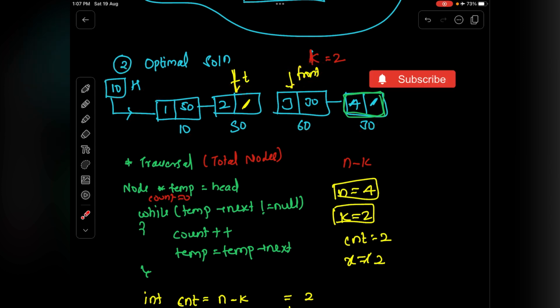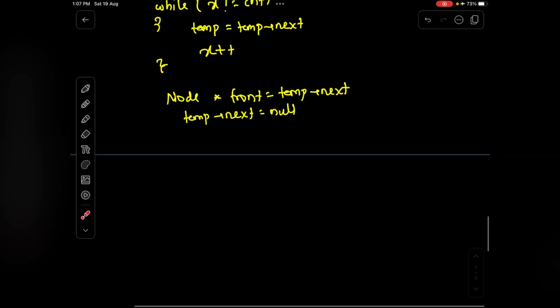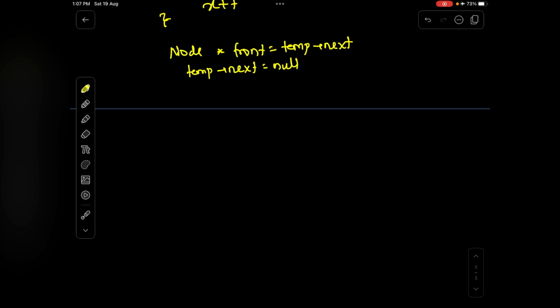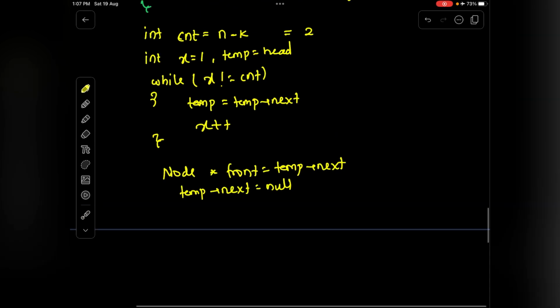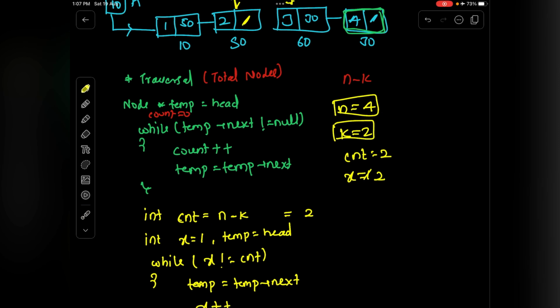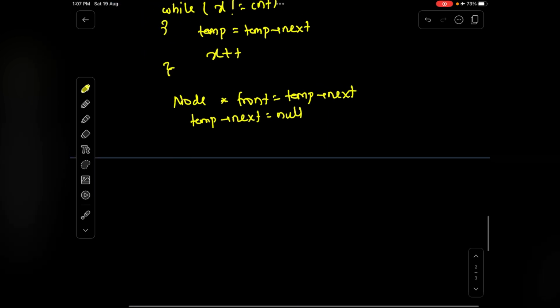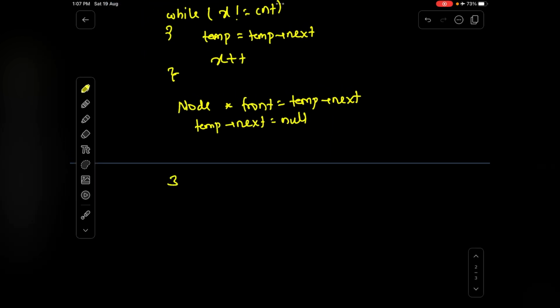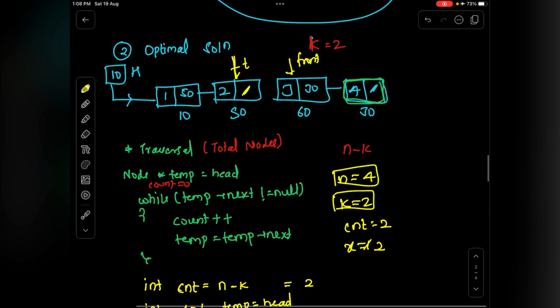Now what I need to do is bring these two at front, because what is my final answer? My final answer is, let's check, first 3 will come, then 4, then 1, then 2, right? Yes. But the point is my head is pointing at this position.